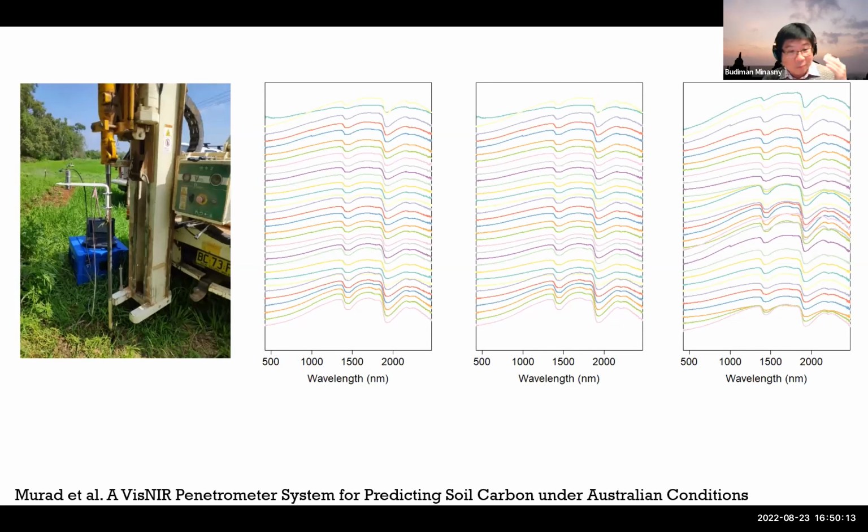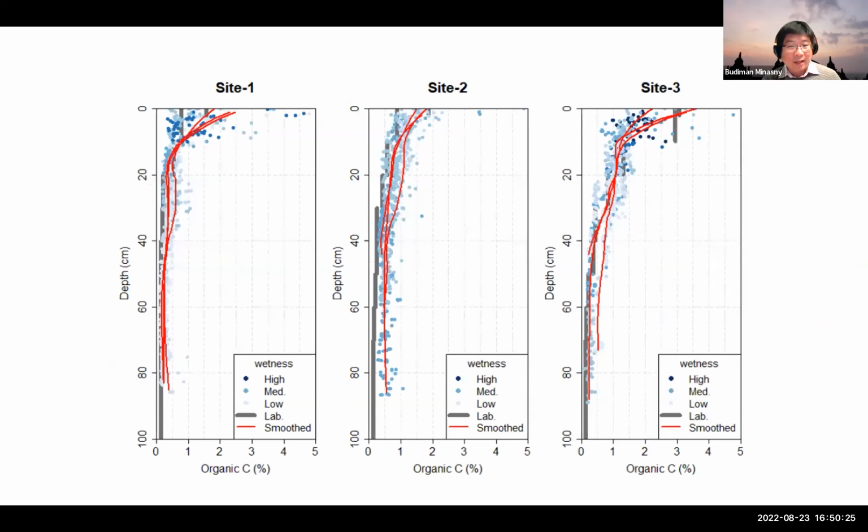So when Omar goes out in the field at different times, on different days, at different moisture, and collects spectra at different times of the day, this is what he did at 3 sites, and this is the prediction for the not exactly the same soil, because you can't put the same hole again on different days where there are high moisture, medium moisture, low moisture. The prediction is not going to be thrown off completely, but it is at least giving you a consistent prediction of, for example, organic carbon.